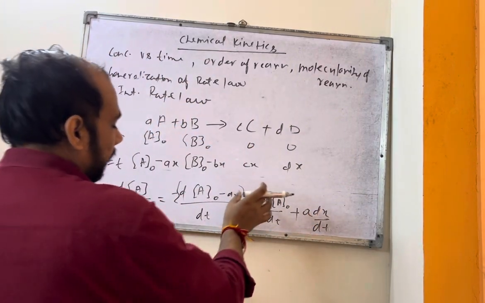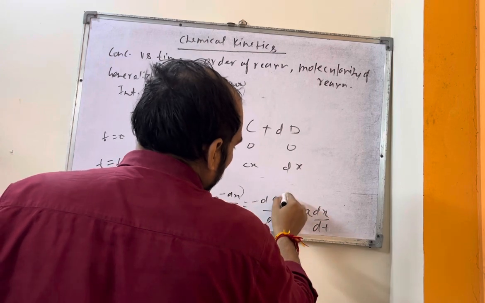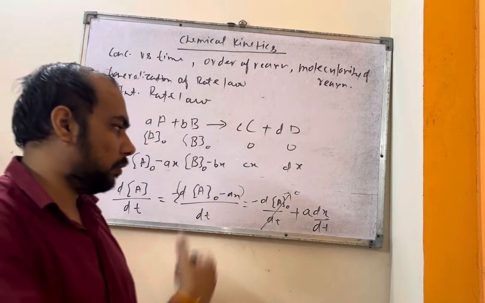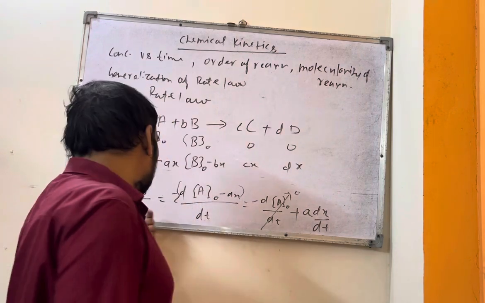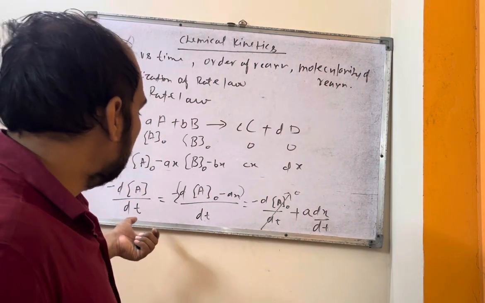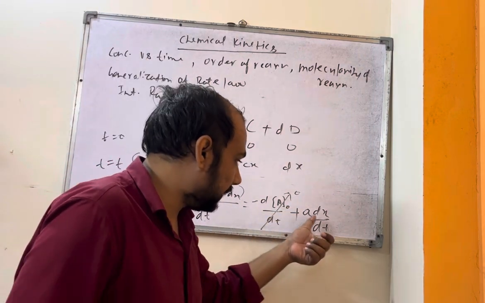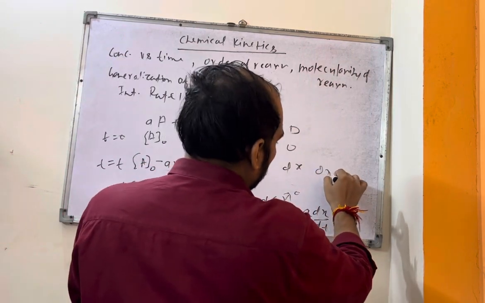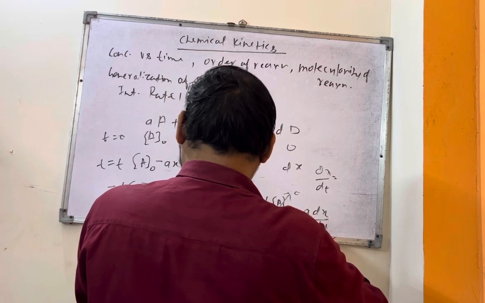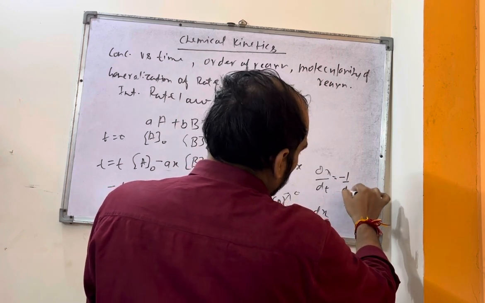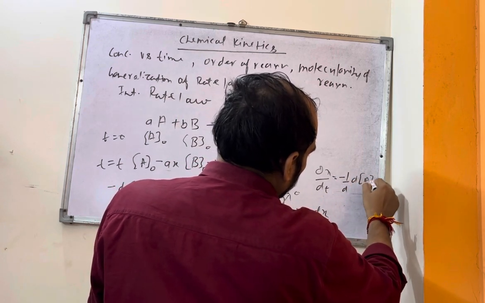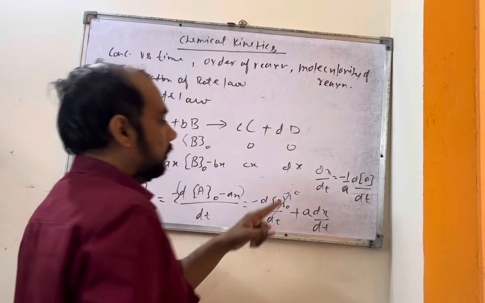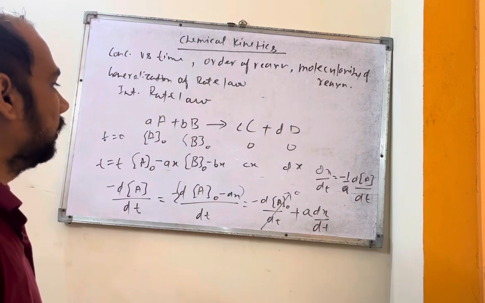A0 is constant, and the derivative of a constant is 0. So now we have minus dA by dt is equal to plus a dx by dt. So dx by dt will be minus 1 by a dA by dt.